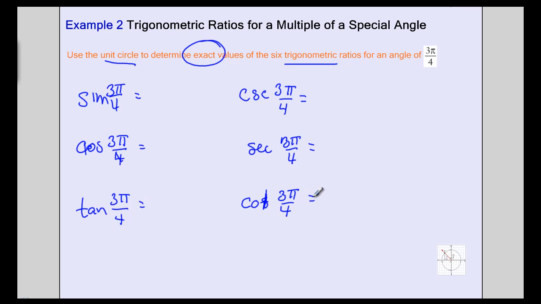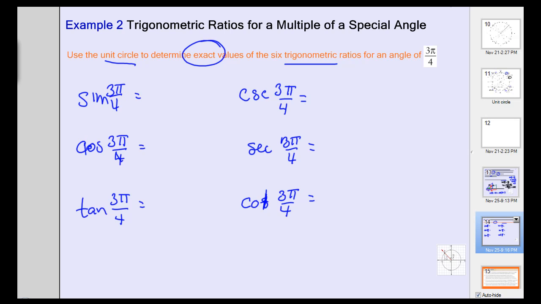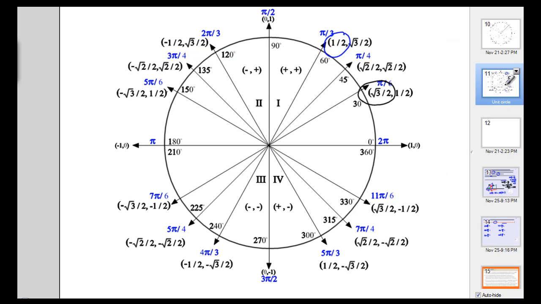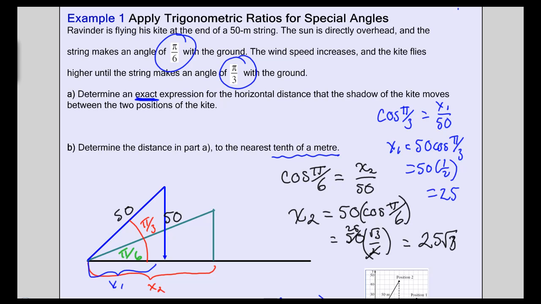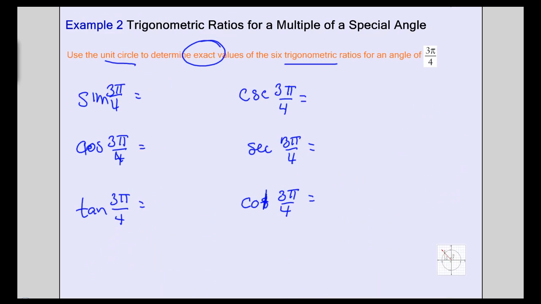So going back to unit circle, we can find the exact values for sine of 3 pi over 4 and cos of 3 pi over 4 very quickly. So find 3 pi over 4, there it is, 135 degrees. Here's the cos value, here's the sine value. So it was negative root 2 over 2 for cos, and sine was positive.